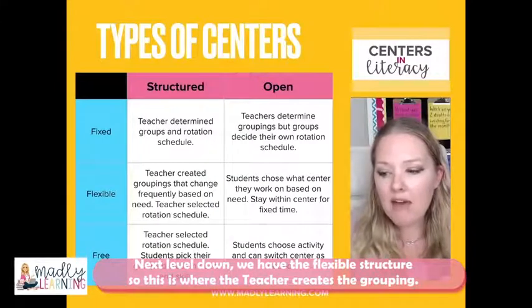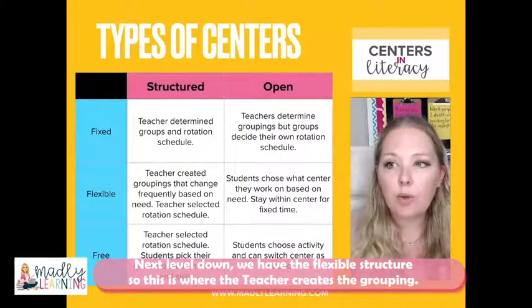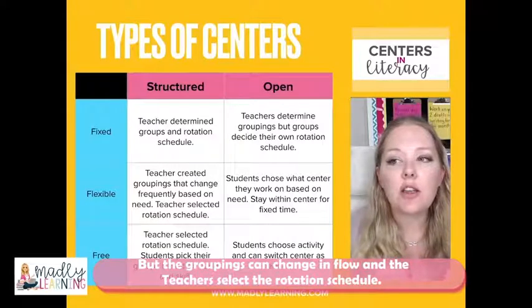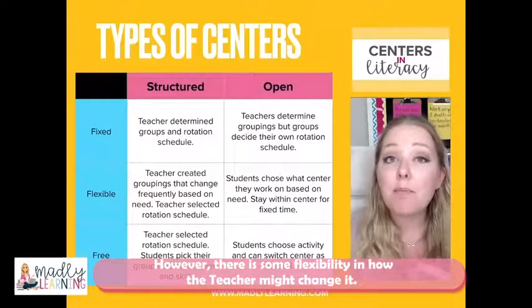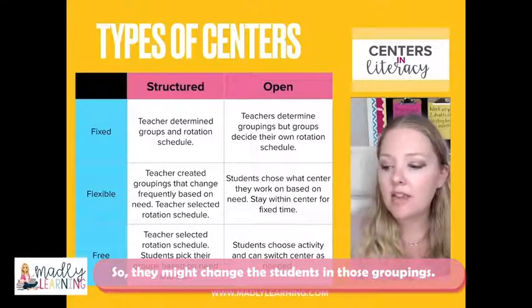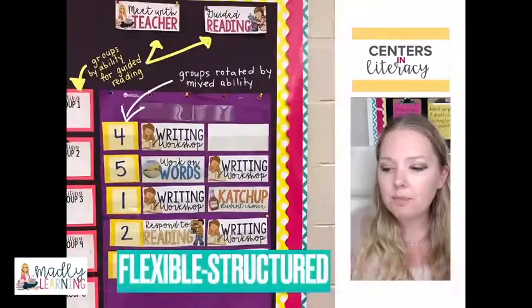Next level down, we have the flexible structured. So this is where the teacher creates the groupings, but the groupings can change and flow, and the teacher selects the rotation schedule. However, there is some flexibility in how the teacher might change it. So they might change the students in those groupings.